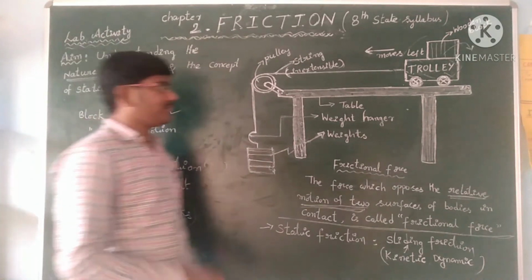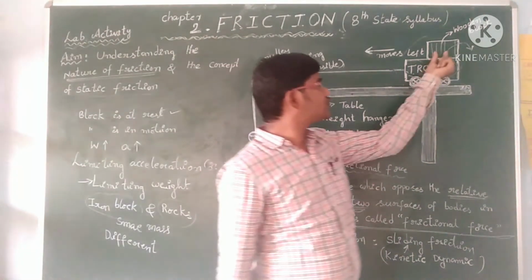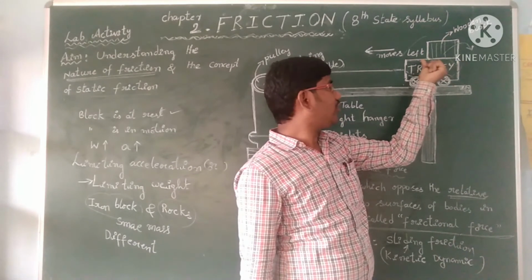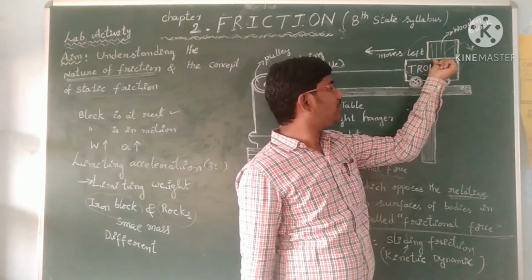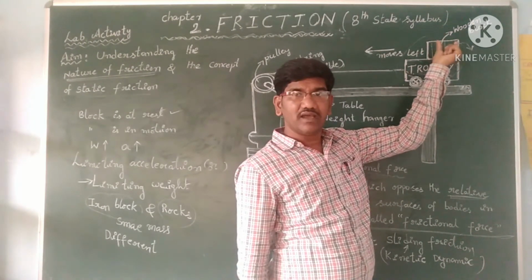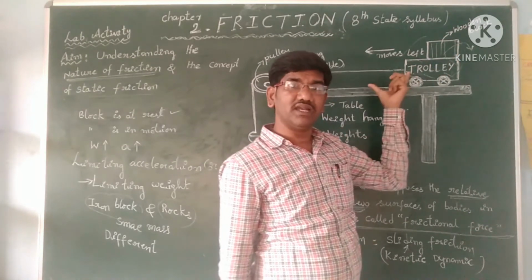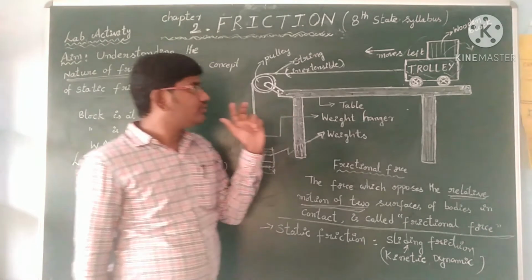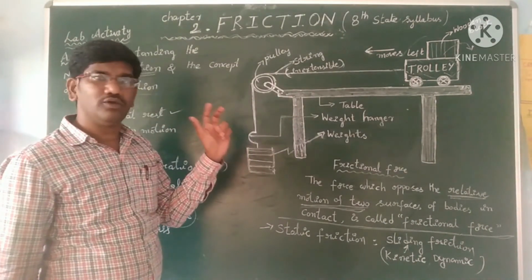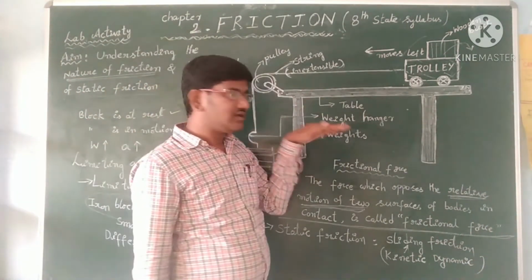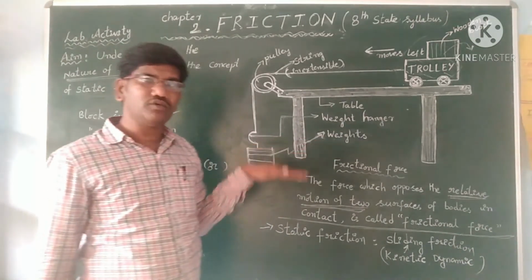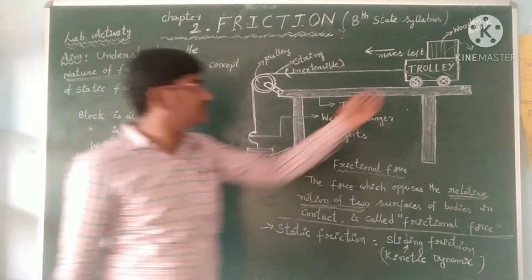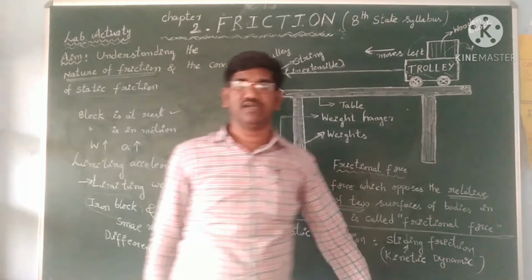Now apply grease to the bottom of this wooden block, or apply grease to the top of the trolley surface, put the wooden block and identify the limiting weight. We notice that the limiting weight decreases. For less weight only, it comes into motion in the reverse direction.